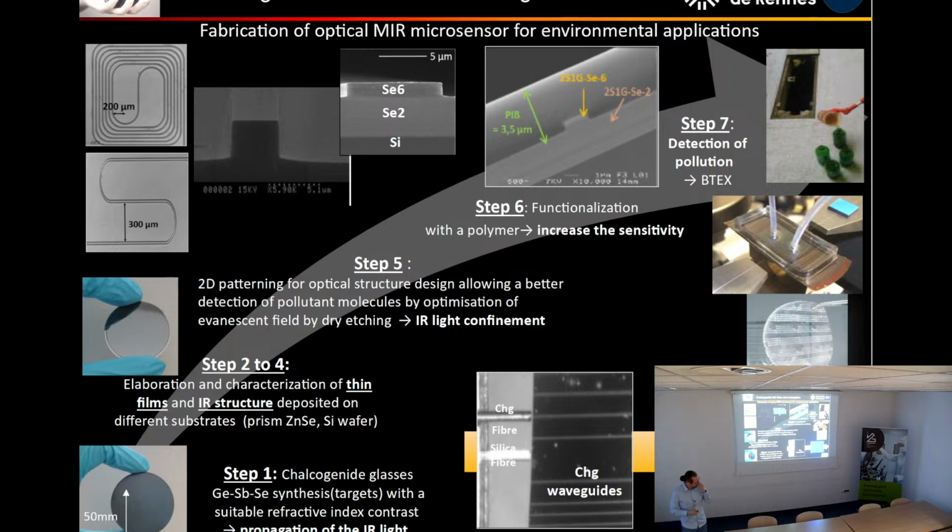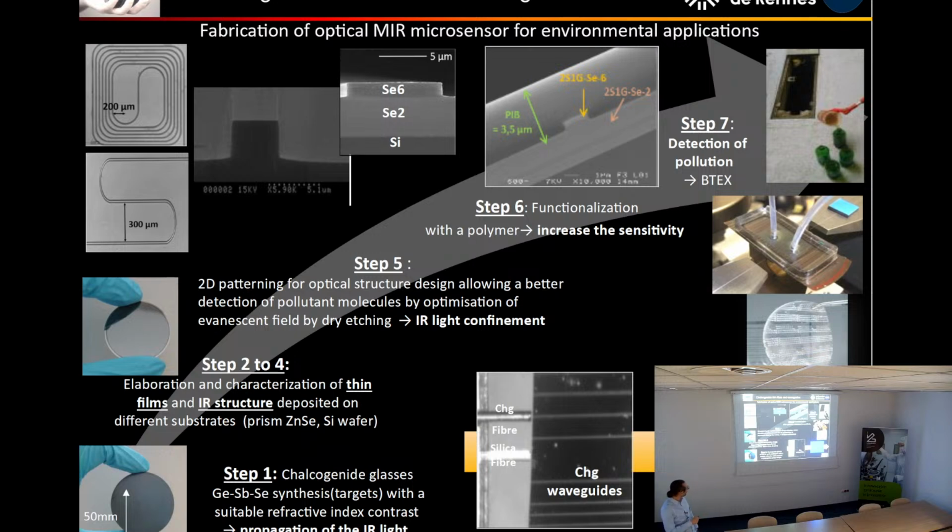Another strong activity in our group is to use the chalcogenide glass not as bulk glass for lenses or for energy conversion, not as fibers, but by using thin film. So here you have different examples of what has been done with thin film. The first step is the same. We have to make the glass. We are chemists in the lab, so first we have to make the glass.